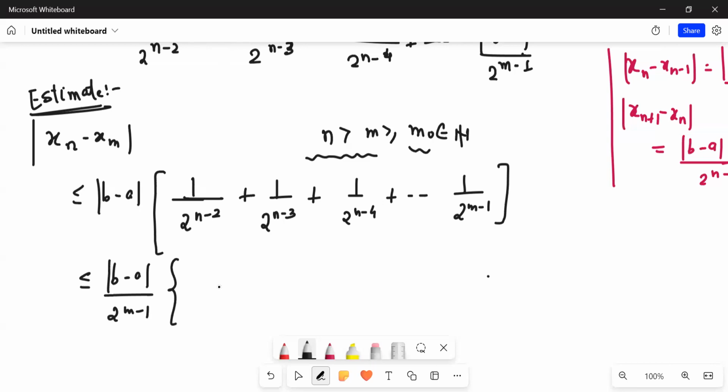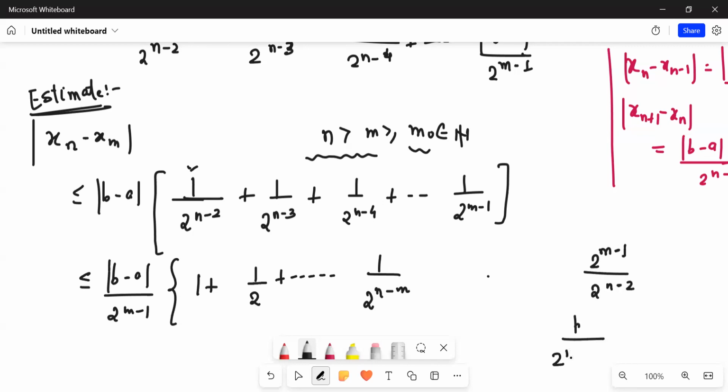And here what will I get? If I write this series from here, the term just before would be 1 upon 2, and the last term would be 1 upon 2 raised to power n minus m minus 1. If I take this particular term common, then this term will be 2 raised to power n minus 1 divided by 2 raised to power n minus 2, which is 1 upon 2 raised to power n minus m, and minus 2 plus 1 is minus 1.